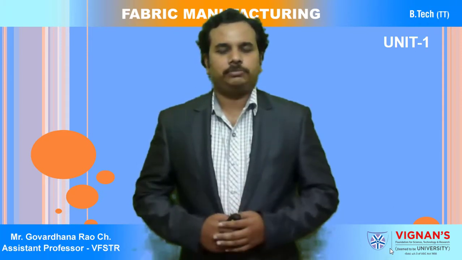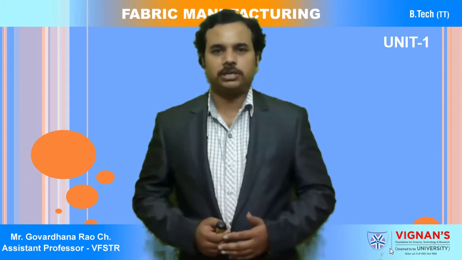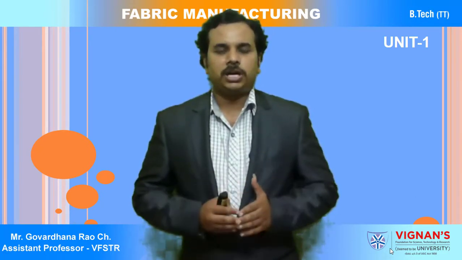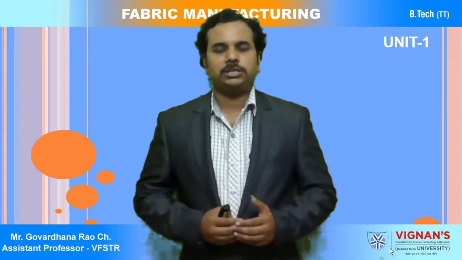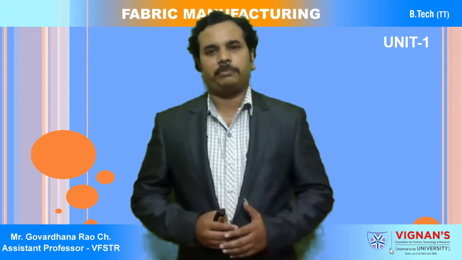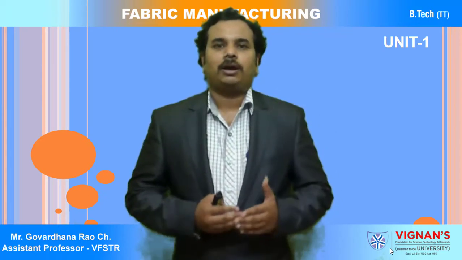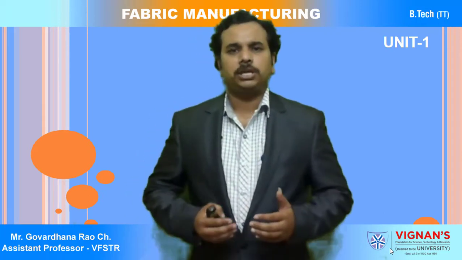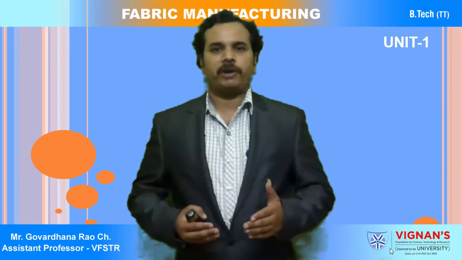In the last session, we discussed the course description of fabric manufacturing. We saw what fabric manufacturing is and the different types of fabrics available, such as woven fabrics, knitted fabrics, non-woven fabrics, as well as braided fabrics.